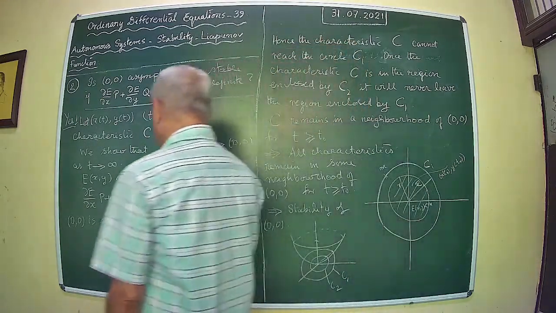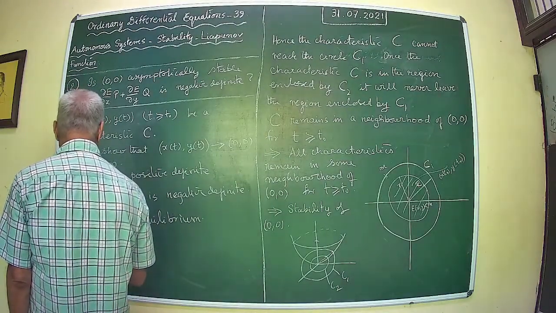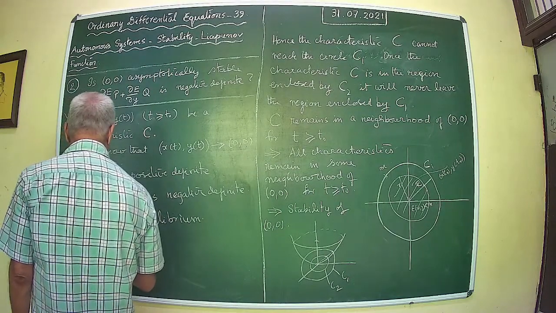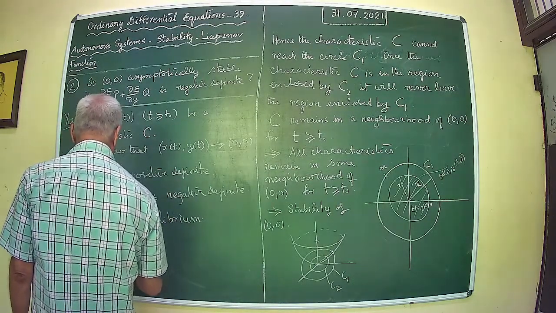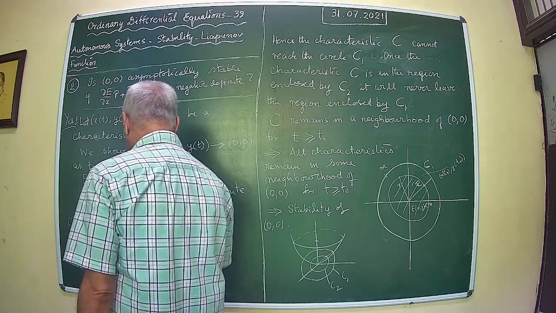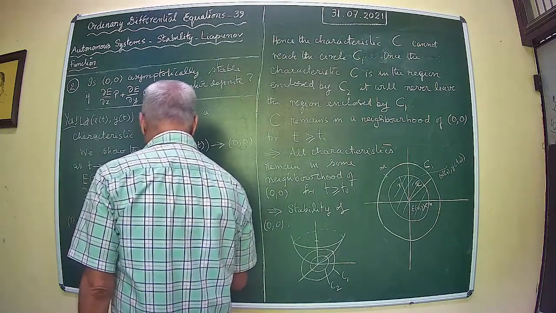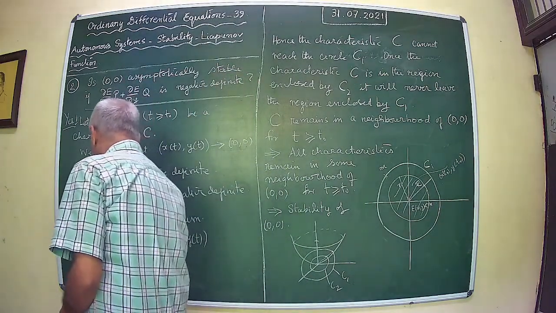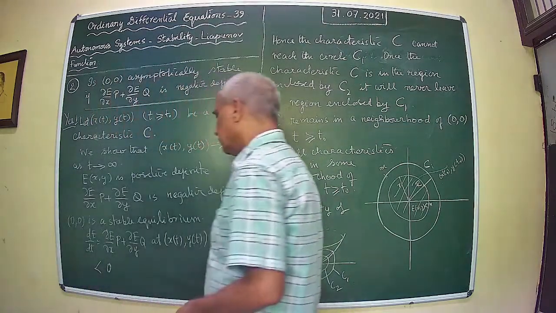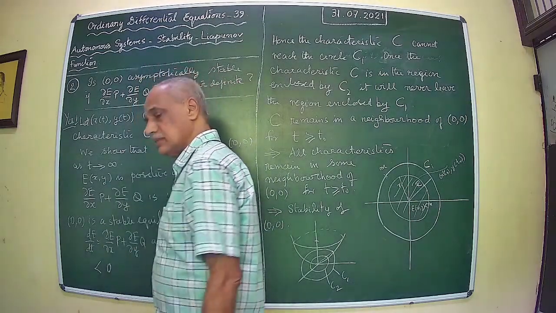So d by dt of E(t) is less than 0, negative, of course, when (x(t), y(t)) is not equal to 0, except at 0, 0.